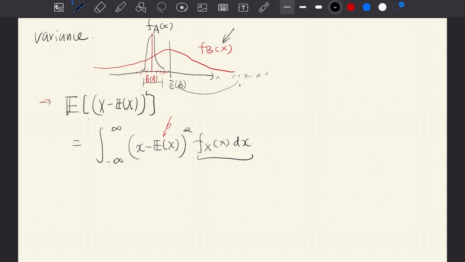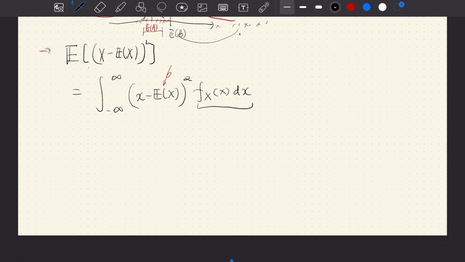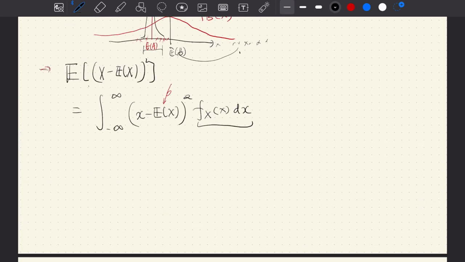Okay, so the expected value of x is just a number within this improper integral. This expression is usable, but sometimes it is easier to transform it into another type of expression, right? So here you have (x minus expectation of x) taken the square, so we can expand it and get x squared minus 2 expectation of x times x plus expectation of x, the whole taken the square.